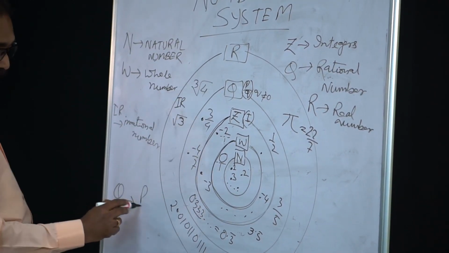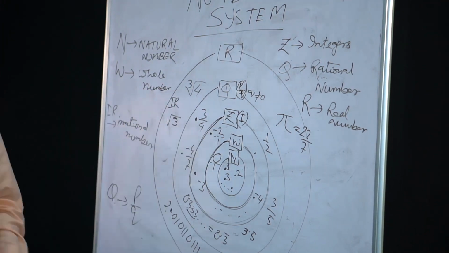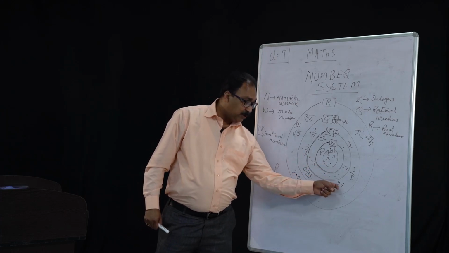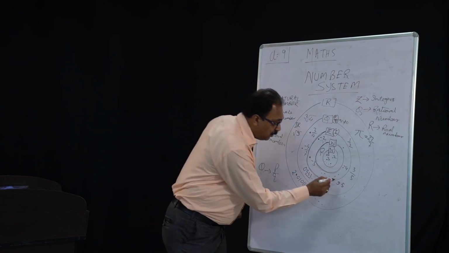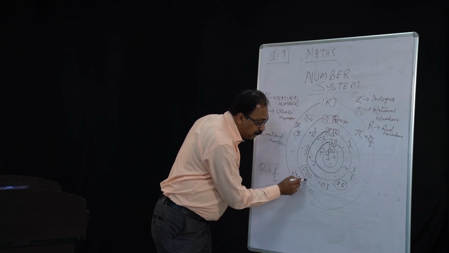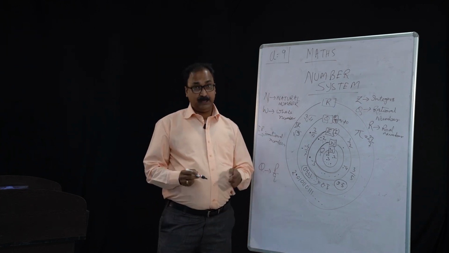You can give all the examples, integers also. Now I am explaining what I told you. This part is called terminating decimal, this is non-terminating repeating decimal, and this is non-terminating, non-repeating. I'll explain that part, okay?